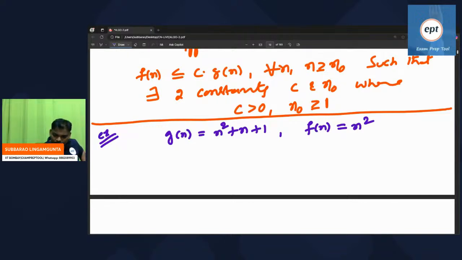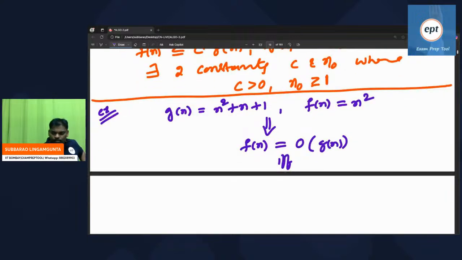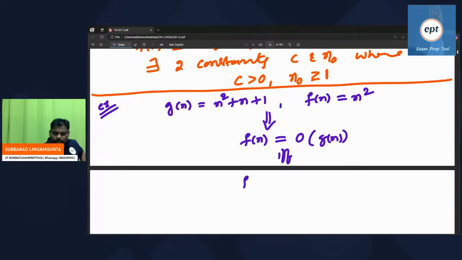Now listen. If this is the question, I want to say f of n is big O of g of n. If and only if you want to say this, you have to satisfy this condition: f of n less than or equal to some c into g of n for all n where n is greater than or equal to n0.